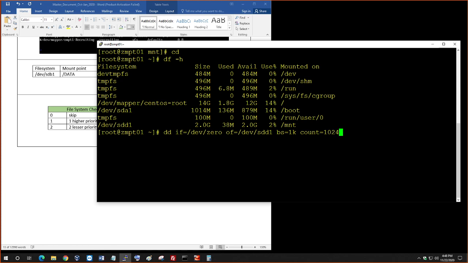So what I'm doing here is taking one block size, which is 1 kilobyte, and then I'm going to corrupt that.